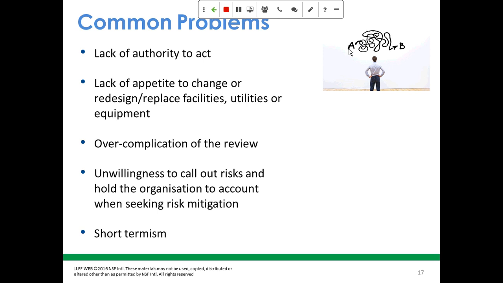And in order to achieve that, sometimes the actions are not necessarily straightforward or short in duration. So you need a certain degree of long-term thinking, strategic thinking, that allows you to make iterative improvements to reduce risk over the long term. And basically, short-term thinking is just not going to cut it.